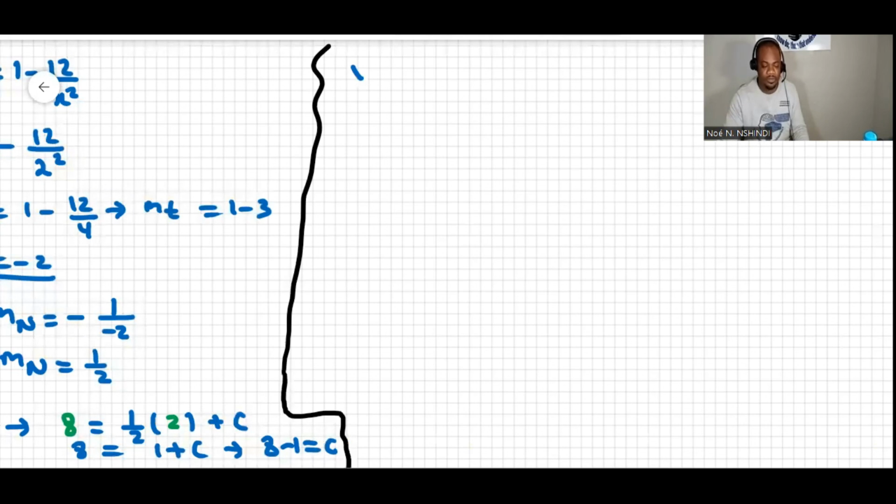So y will be equal to, then the gradient is a half, x plus 7, because c is 7 now.